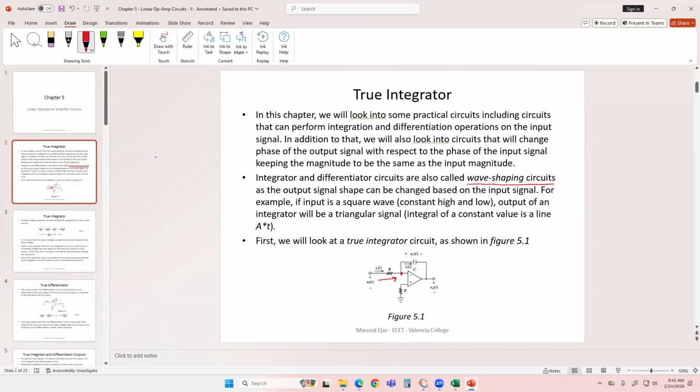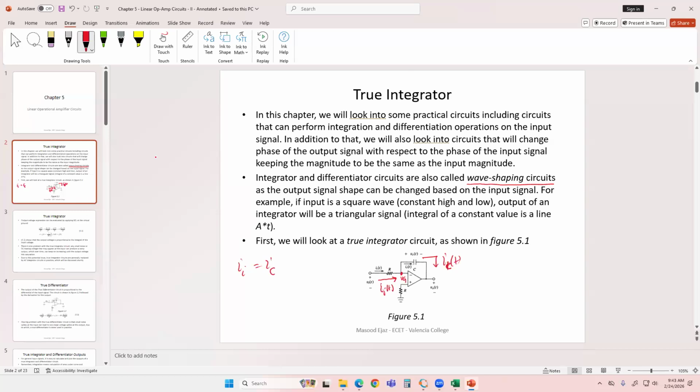You have the virtual ground over here at the inverting input, and your current is, let's say, I input T is your current here, and then I feedback, let's say ICT is the current in the feedback loop. So you apply KCL at the virtual ground, and these two currents are equal. I input is equal to IC.